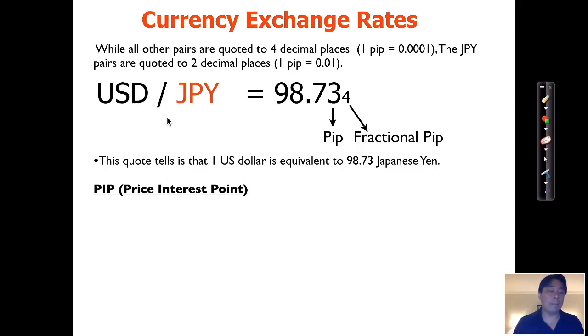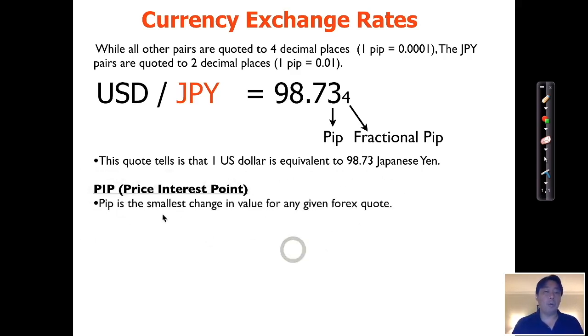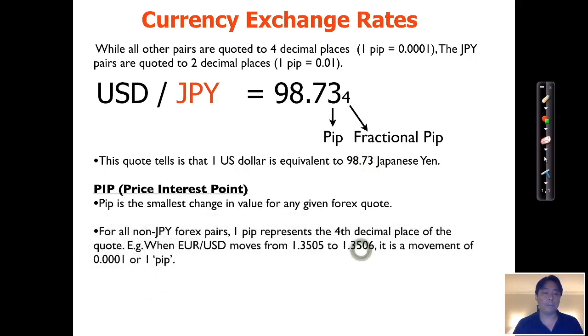So again, what's a pip? A pip is known as a price interest point. It's the smallest change in value for any given Forex quote that we're interested in. Of course, the smallest one is the fractional pip, but we don't care about that. Once again, for all non-yen Forex pairs, 1 pip represents the 4th decimal place of the quote.